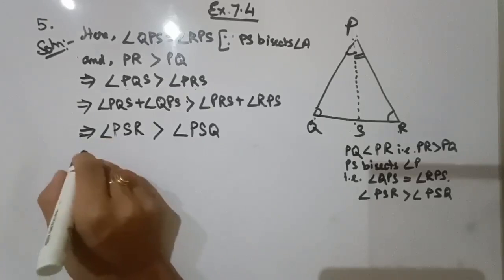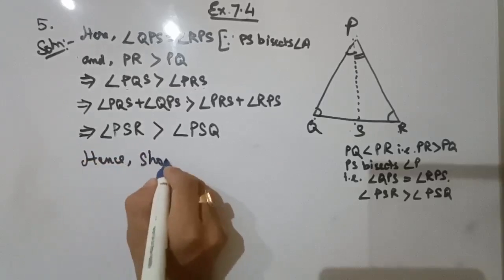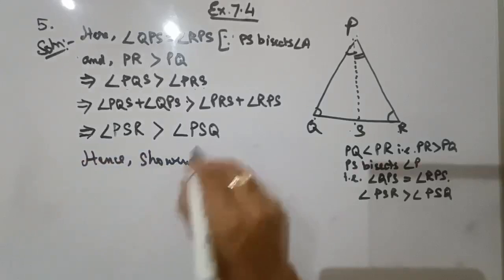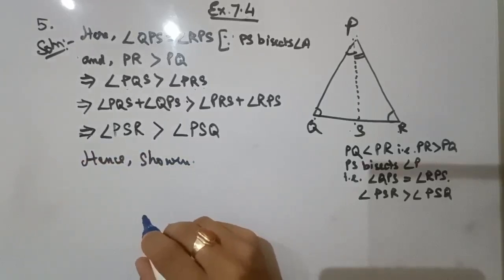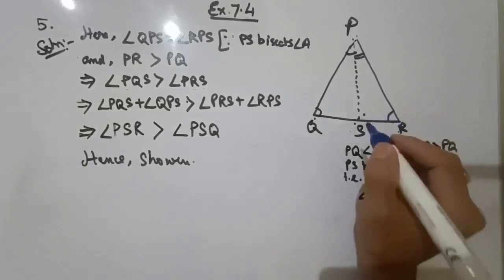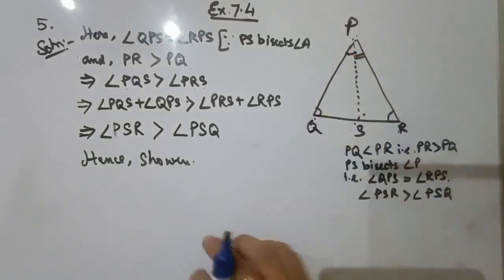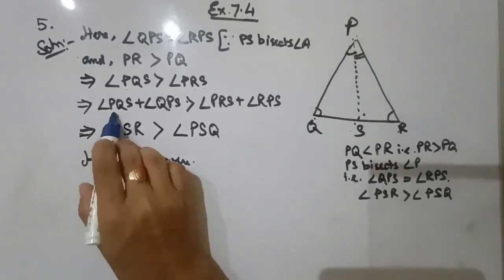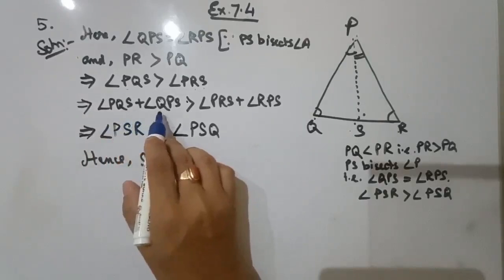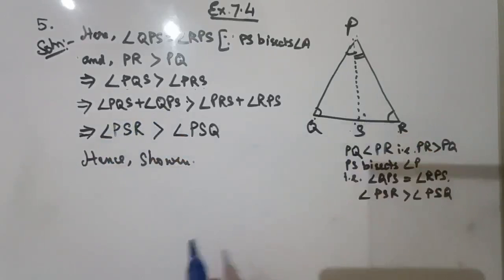So hence, in this question you have to understand that an exterior angle is equal to the sum of the two opposite interior angles. So the addition of angle PQS and angle QPS is equal to angle PSR.